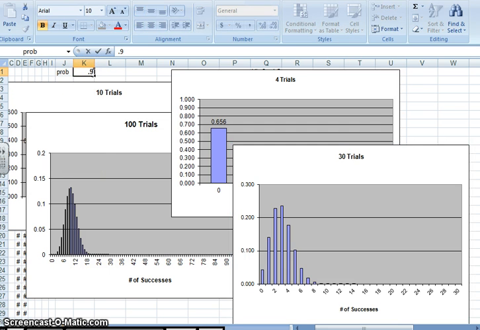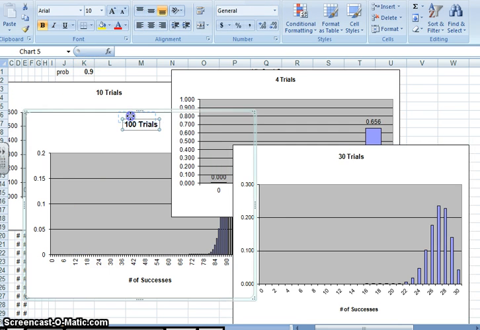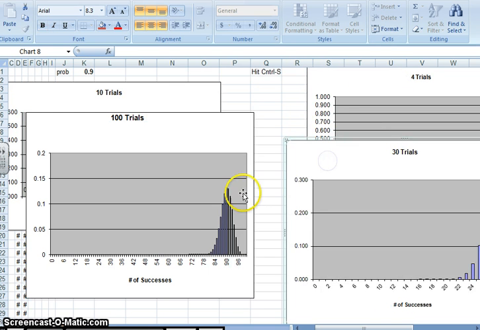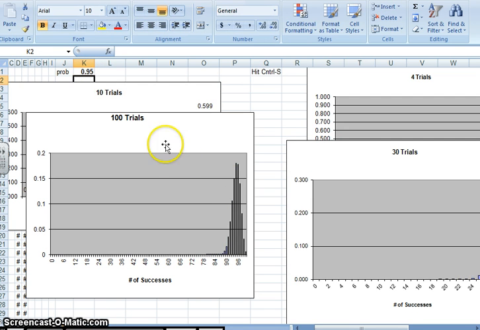And similarly, if I change it to 0.9, it's going to be all over on the other side. That's the highest p could be where a normal model would still work here. If I change it to 0.95, now a normal model is no longer appropriate. Okay?